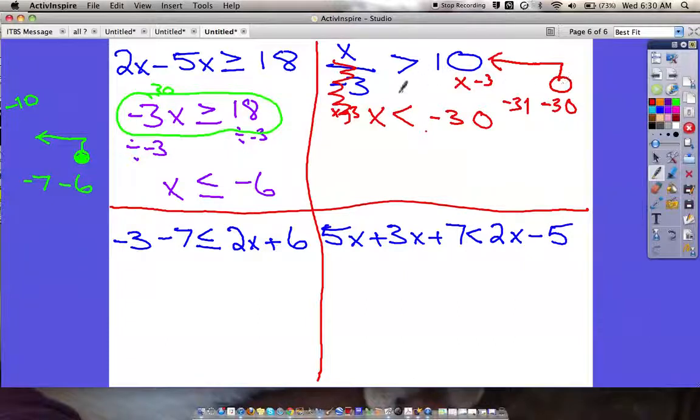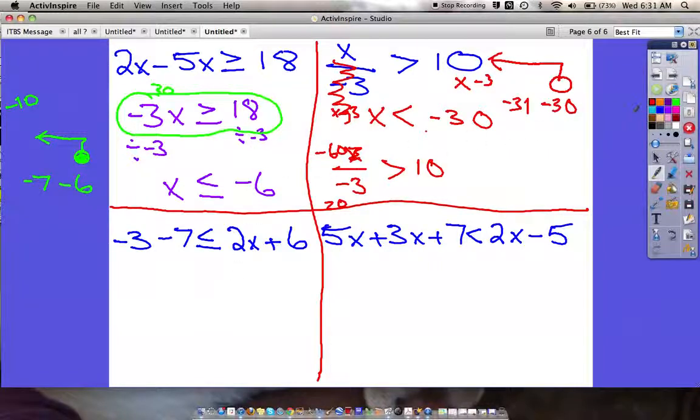Let's see, negative 60 would be out here, so let's do negative 60, and our original equation was this. If I replace this with negative 60, negative 60 divided by negative 3 is positive 20. Positive 20 is bigger than 10, so we know that anything to the left of negative 30 is going to be a solution for the actual equation.